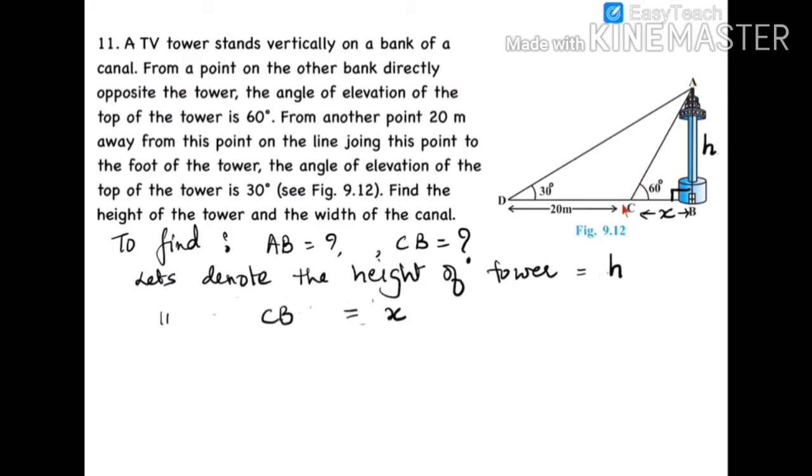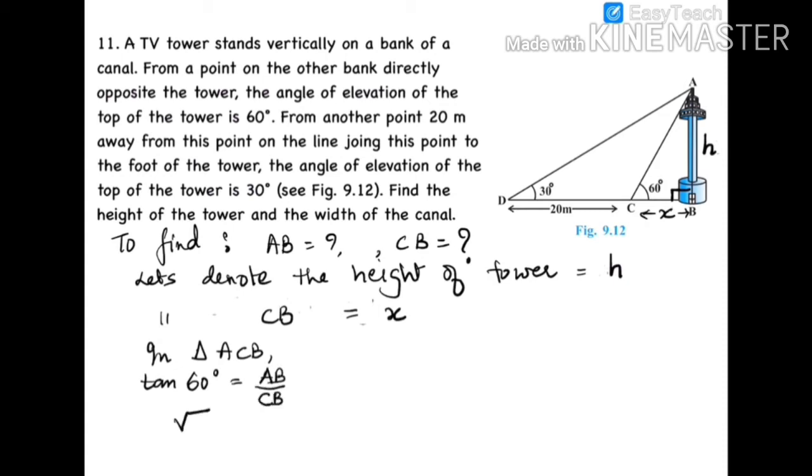So in triangle ACB, AB is opposite to 60 degrees and CB is adjacent to 60 degrees. So we can form this ratio h upon x, which is tan of 60 degrees. So in triangle ACB, tan 60 degrees will be equal to AB upon CB.